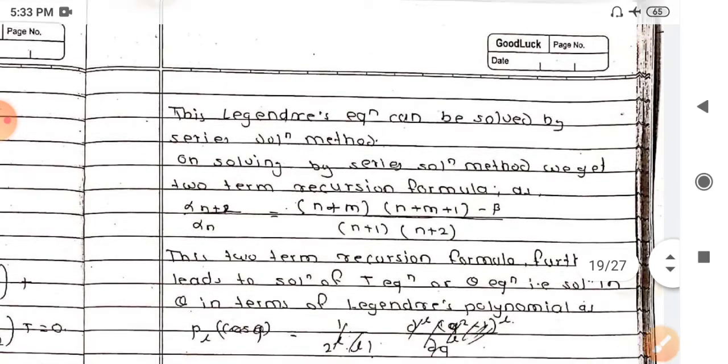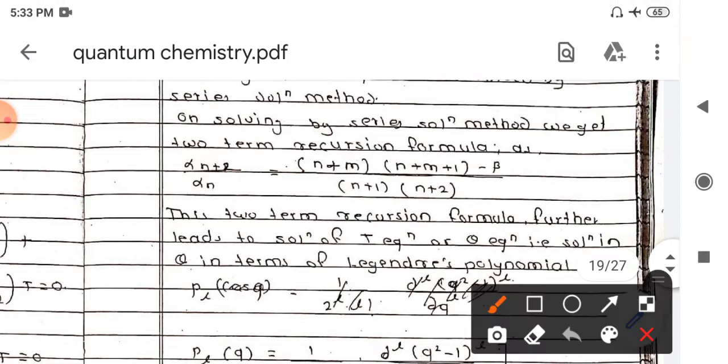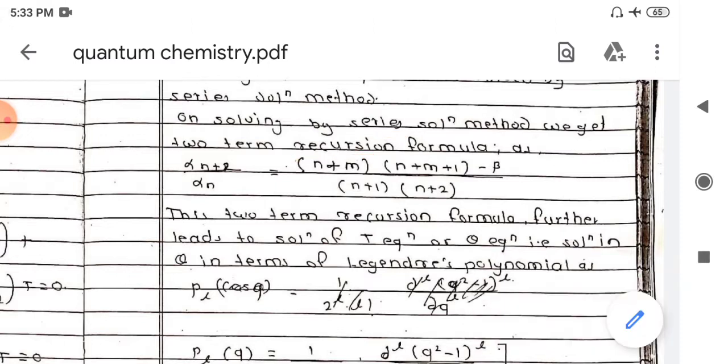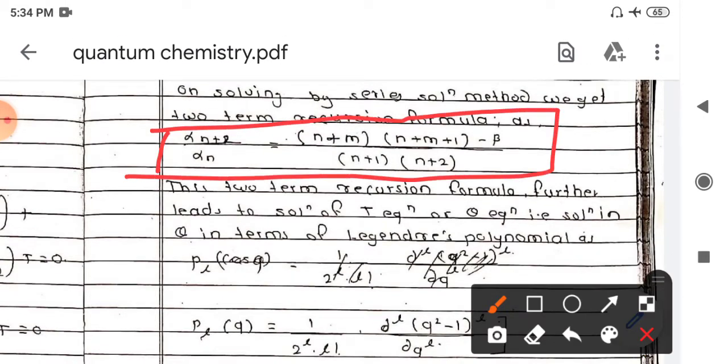In order to obtain the solution for this Legendre's equation, we will use the series method. We are not going into the detailed solution for this, so we simply use the series method and write the solution for the given equation by using this recursion formula. The recursion formula is alpha n plus 2 upon alpha n equals n plus m into n plus m plus 1 minus beta upon n plus 1 into n plus 2.